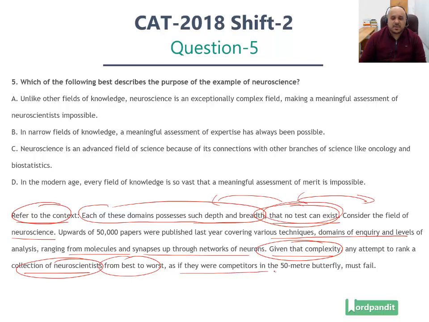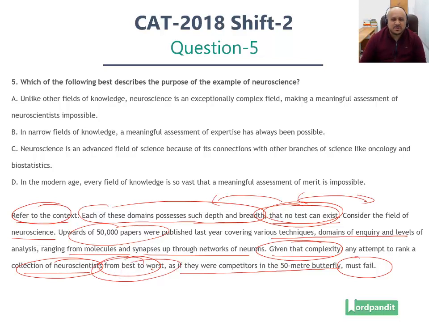As if they were competitors in a 50-meter butterfly, so just a swimming analogy here, must fail. So he's saying you cannot assume they are part of a race, right? You cannot make these neuroscientists who come up with such diversity of content, you can't make them take tests and then rate them from best to worst, right?